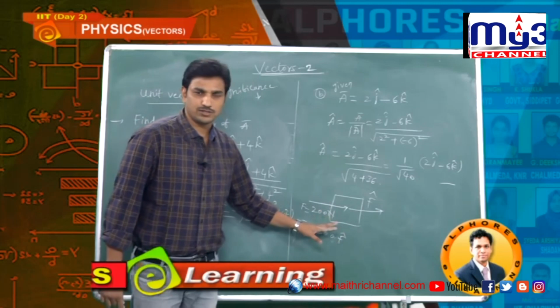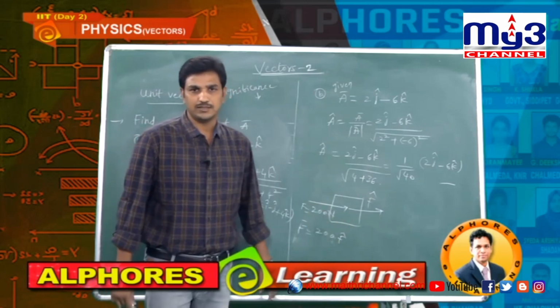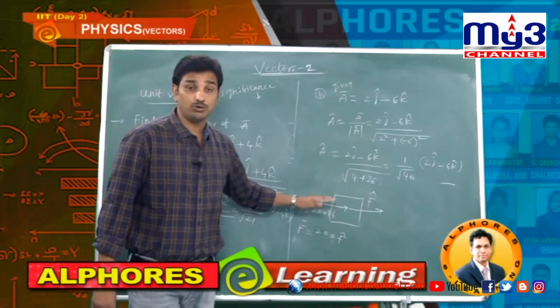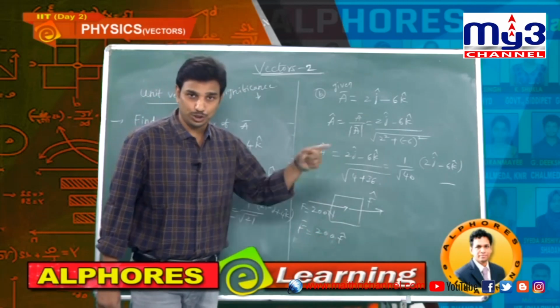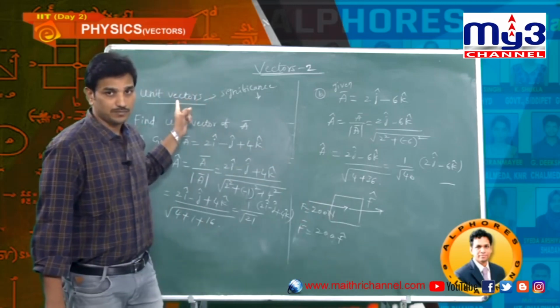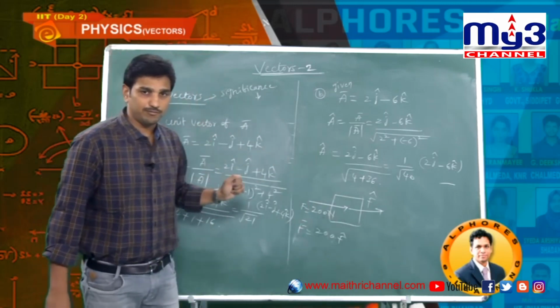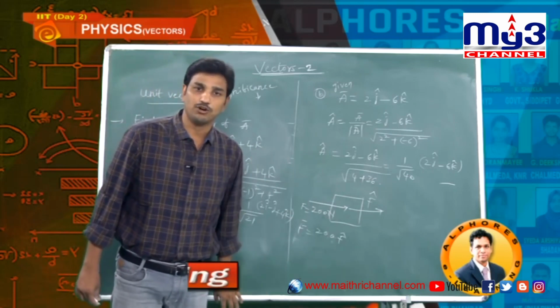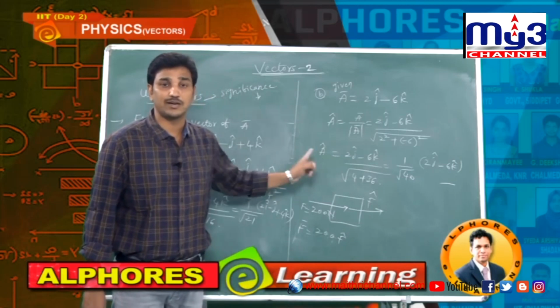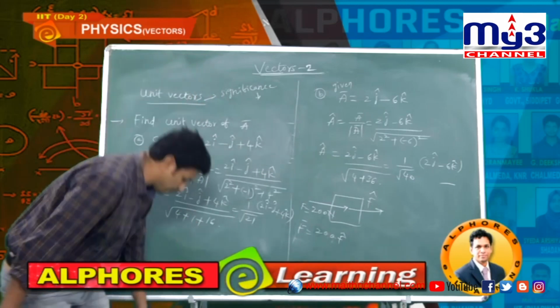Not only force, you can have acceleration, you can have any vector. If you know the magnitude but the direction is a question mark, at that time you should take the unit vector. Whenever you need the direction of any vector, go for a unit vector and multiply, then you will get the direction of that physical quantity.